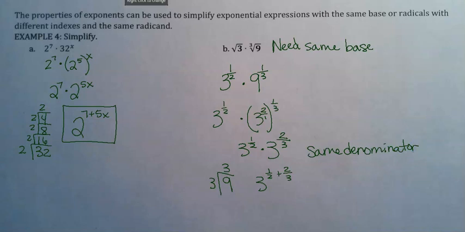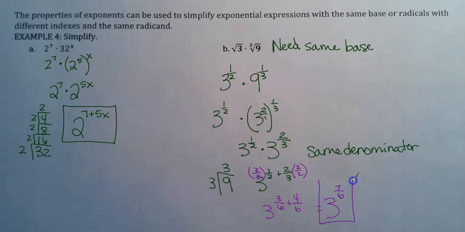I'm going to multiply this one by 2 over 2, and this one by 3 over 3. So I'm going to have 3 to the power of 3/6 plus 2 times 2 is 4/6. My base is 3. 3/6 plus 4/6 is 7/6. So this could be our answer.